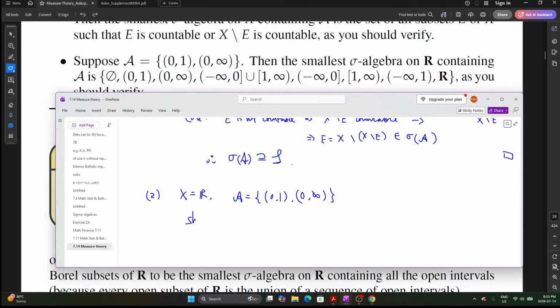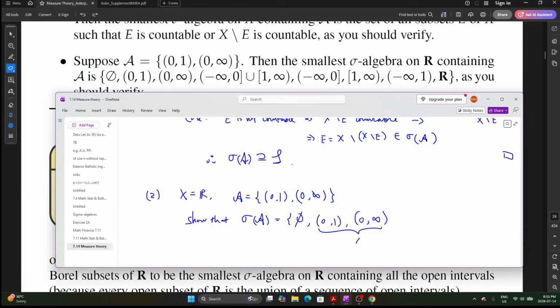Right. So show that sigma of A is the empty set, of course, it always has the empty set, (0, 1), (1, infinity).